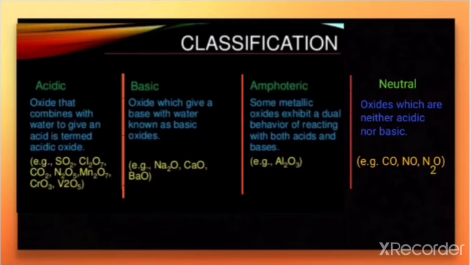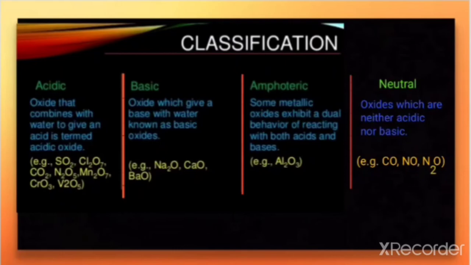That is, the metals with higher oxidation states, like Mn2O7, V2O5, CrO3. These are metallic oxides, but they are acidic. So these metallic oxides which have a higher oxidation state can show acidic character.